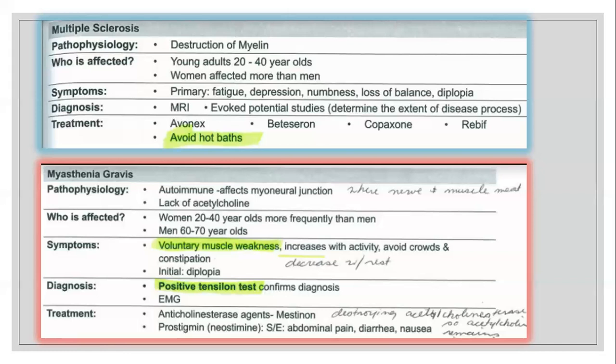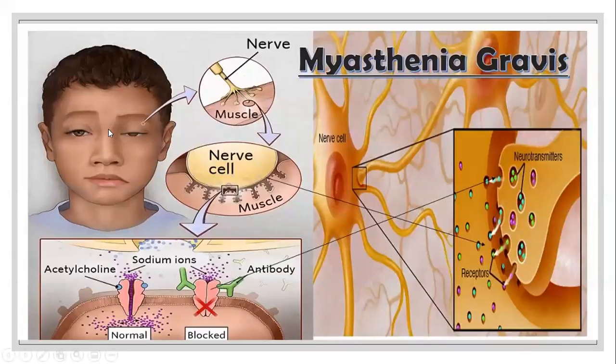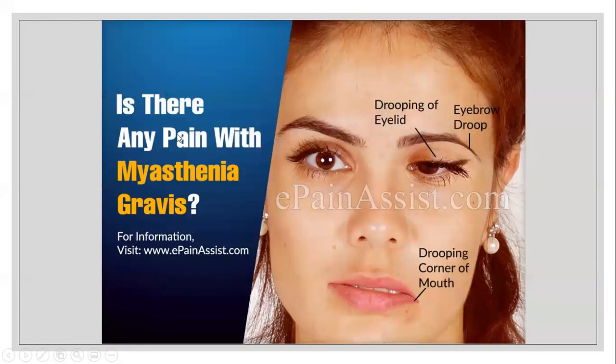Sometimes the patient presents with eye signs. In myasthenia gravis, this is the ptosis because of fatigue of the eye muscle, which is a very small muscle. So eye problems such as drooping of the eyelid, like this, and double vision are more common.